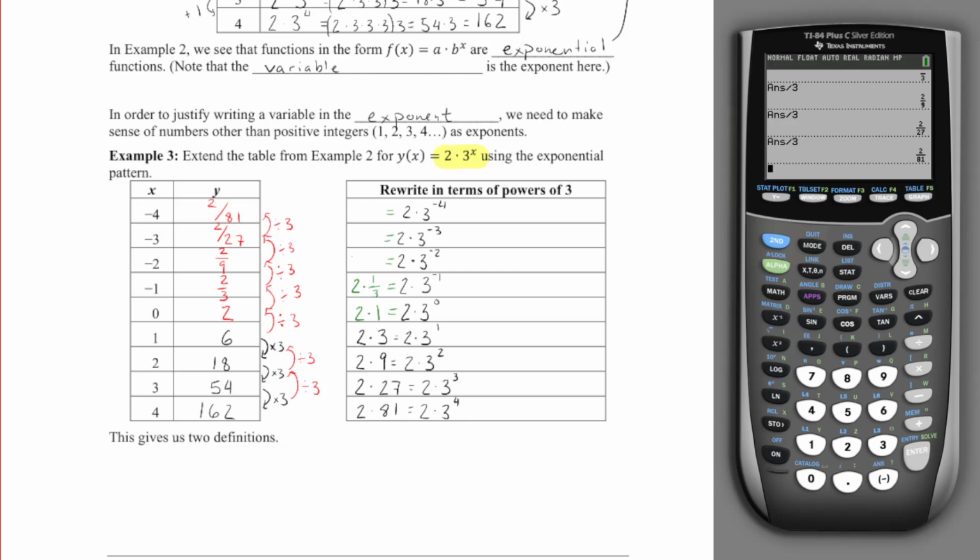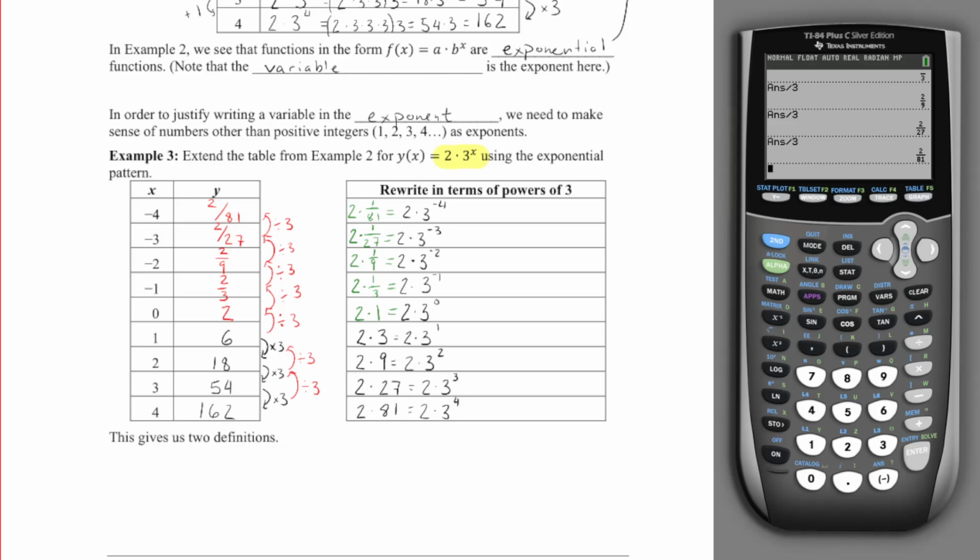If I have 2/9, that's 2 times a ninth. If I have 2/27, that's 2 times a 27th. If I have 2/81, that's 2 times an 81st.